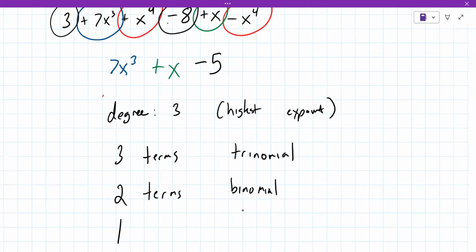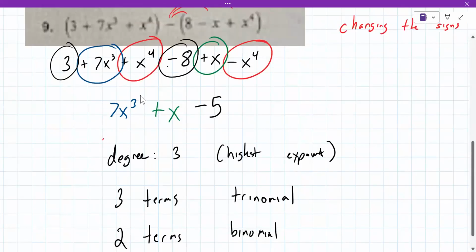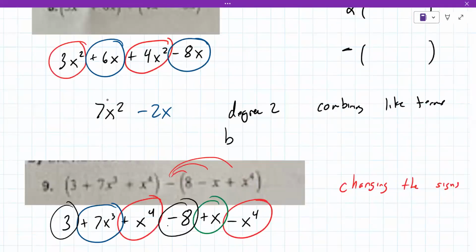And if it has 1 term, it's called a monomial. So if we go back to the previous problem, it has two terms, so it is a binomial.